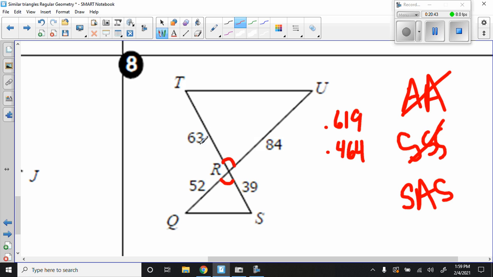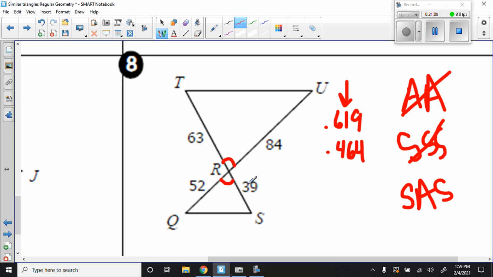So 52 divided by 63 is not one of those decimals, so I don't have anything to work with yet. 52 divided by 84 is 0.619. Now hold on. 52 on top of 84, I see a 0.619.